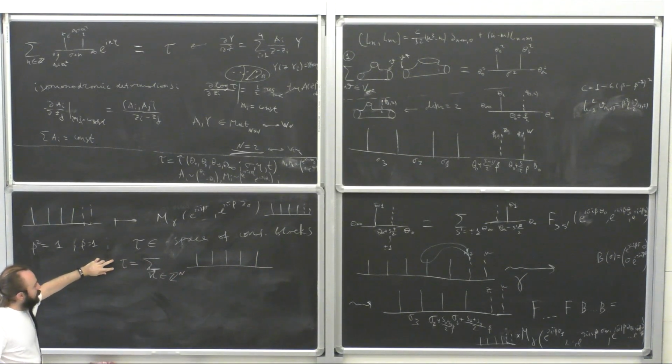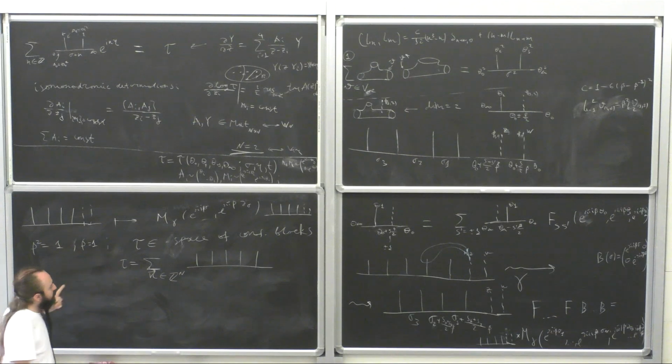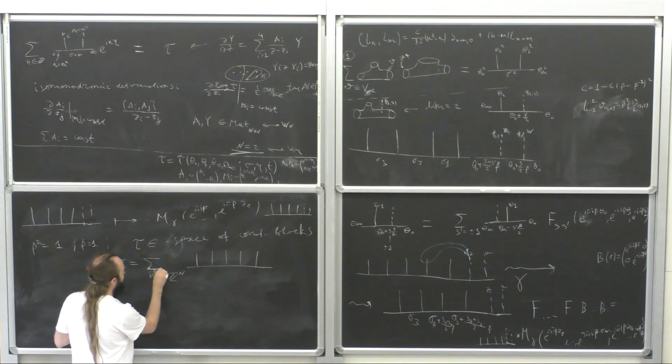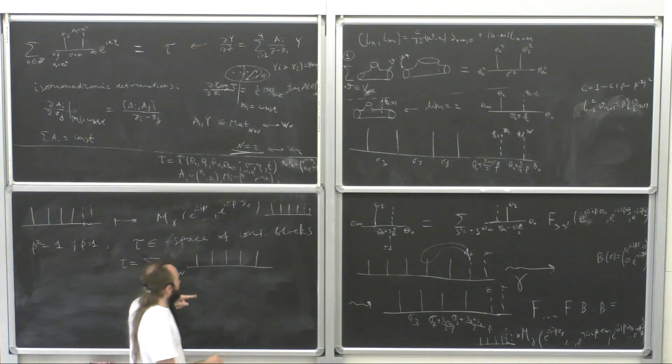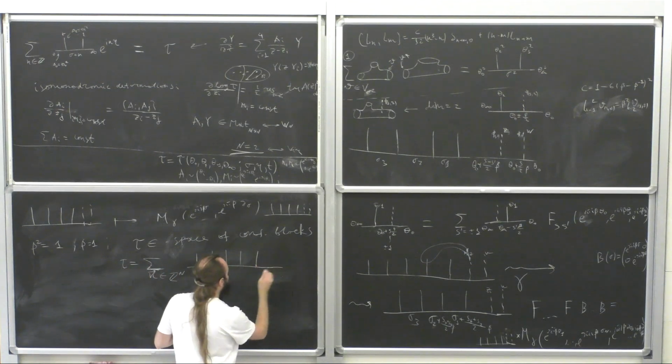Actually, there is some intermediate step. We define a tau function as such a vector in the space of conformal blocks.